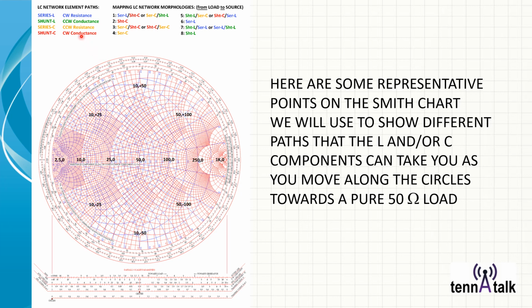And notice up here I've got a nice little chart that maps out your different directions. If you want to go along a clockwise resistance circle, those red circles, you'd use a series L. If you want to go counterclockwise on a conductance circle, going this way, then you'd use a shunt L. A counterclockwise resistance circle would take you on a series C. And a shunt C would give you clockwise along a conductance circle, which means going this way.